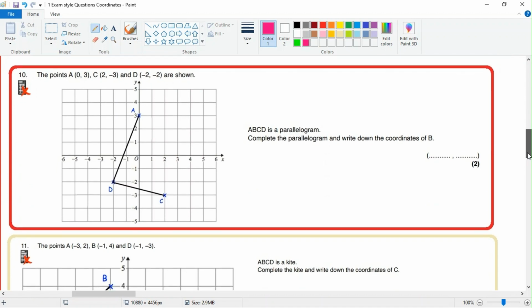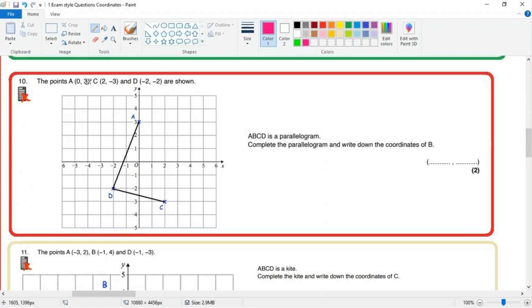Now it says in question number 10, points 0, 3 and 2, negative 3 and D, negative 2, negative 2. Complete the parallelogram. That means if I look at A and D, it is 2 here and 1, 2, 3, 4, 5. 2 and 5.